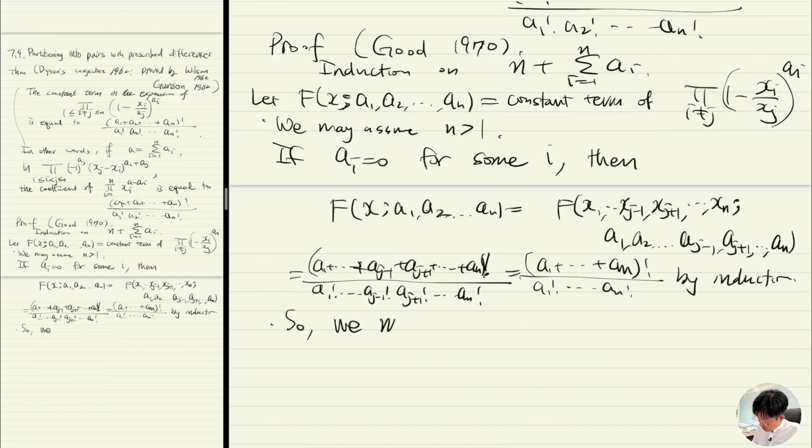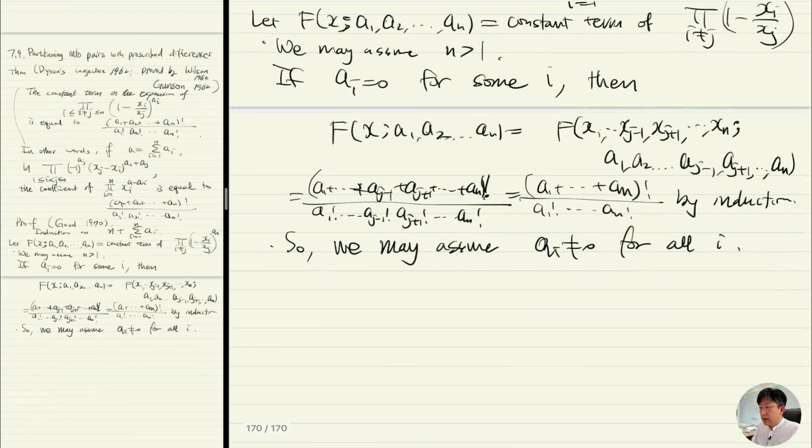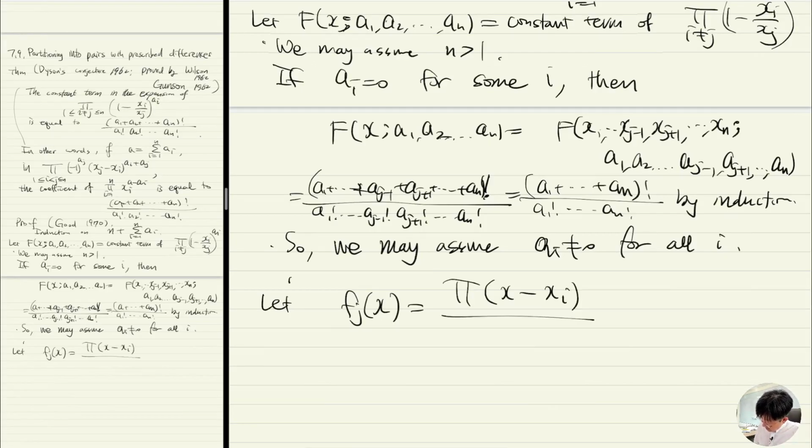So we may assume the ai's are nonzero for all i. Now here's an interesting fact. Let fj(x) be the product of (x minus xi) divided by the product of (xj minus xi).